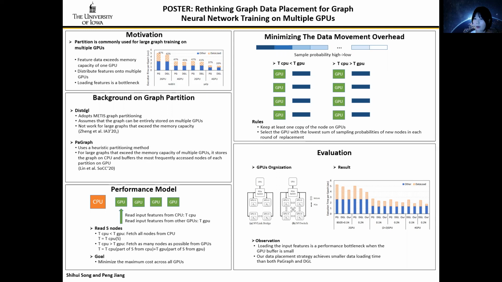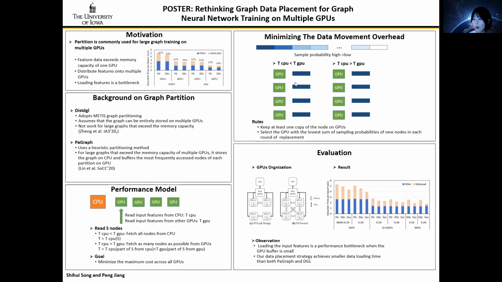If tCPU is smaller than tGPU, every time we need to fetch all nodes from CPU. On the contrary, we need to read as many nodes as possible from GPUs first and read the rest of the nodes from CPU. Our goal is to minimize the maximum cost across all GPUs.